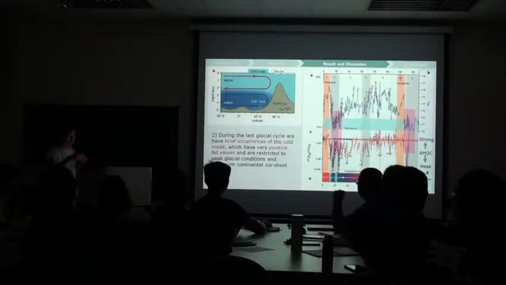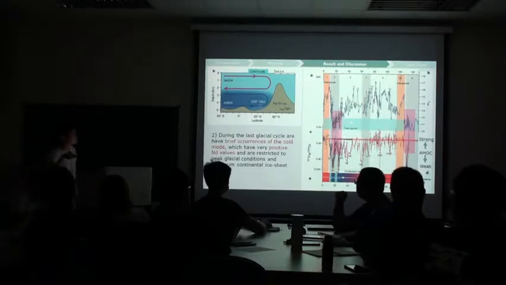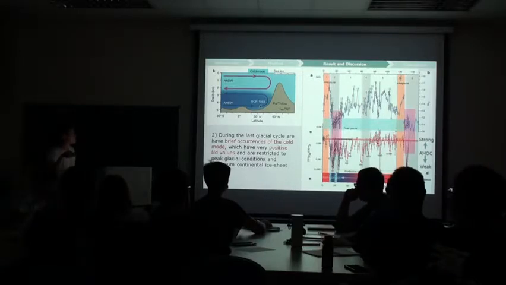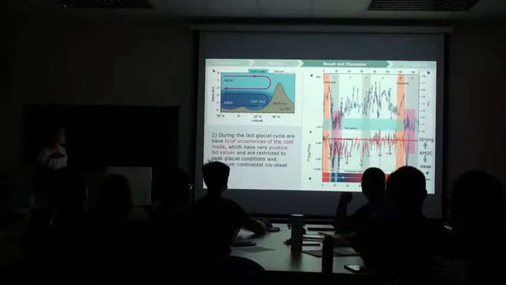And we see these two stages have very positive neodymium values like this. So the last glacial cycle has very rare occurrences of the cold modes, and they only appear in the peak glacials.